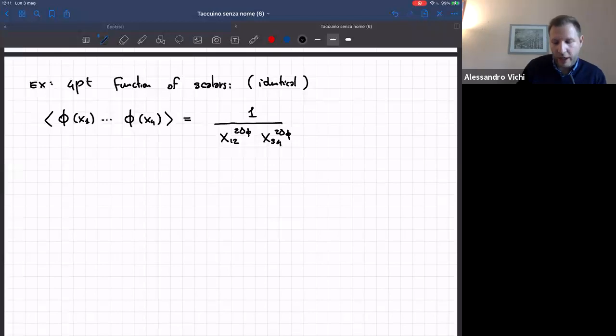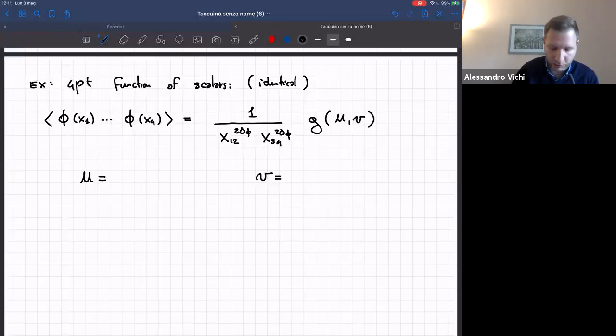So one might say, okay, then that must be it. Well, the problem is that with 4 points, you can start constructing invariants, and in particular, there are 2 of them. You need at least 4 points, and they all must appear in the definition of this object.